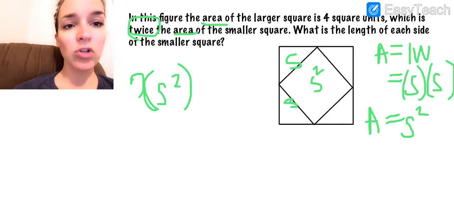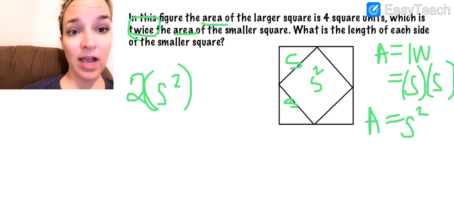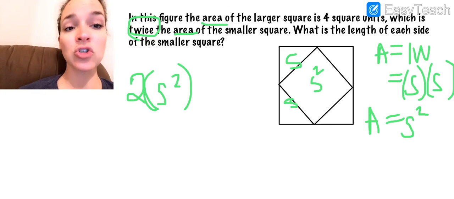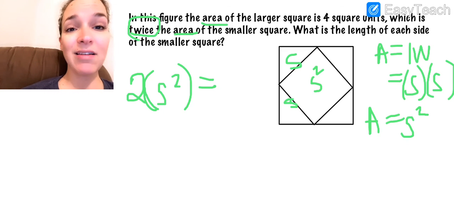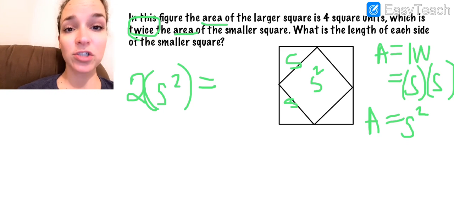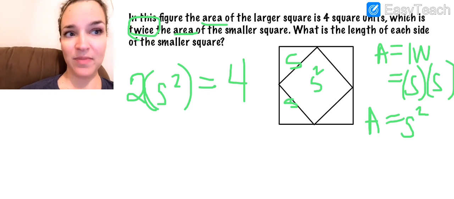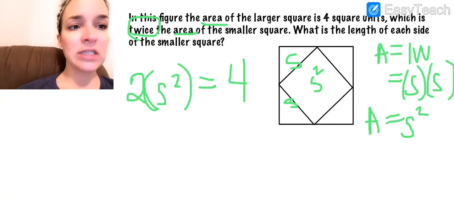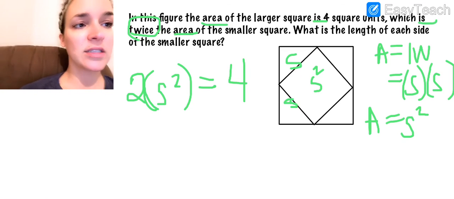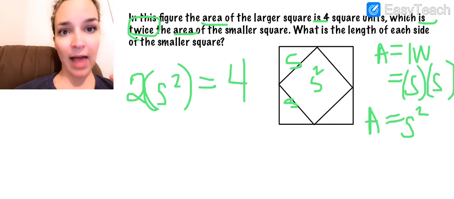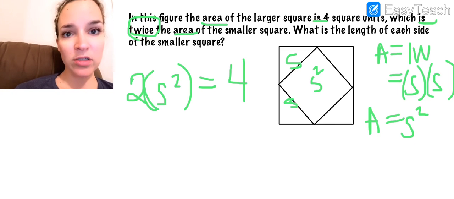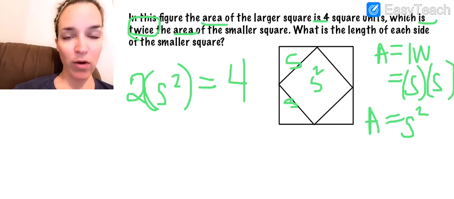So I can multiply my smaller square area, which was S squared, times 2, and that would give me the area of the larger square, which they told us was 4. Okay, so hopefully you can see how there are other keywords that I was able to use to put this together. But this is important. Being able to take that word problem and turn it into an equation is really helpful in the solving process. You've got to make an equation before you can solve for it, okay?